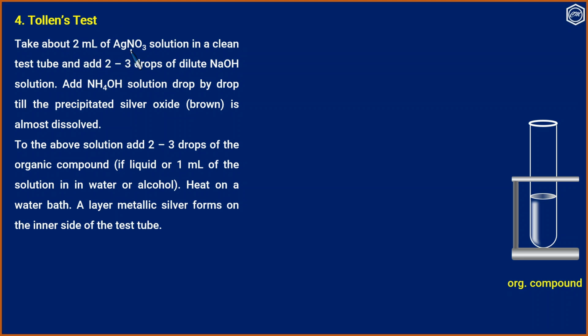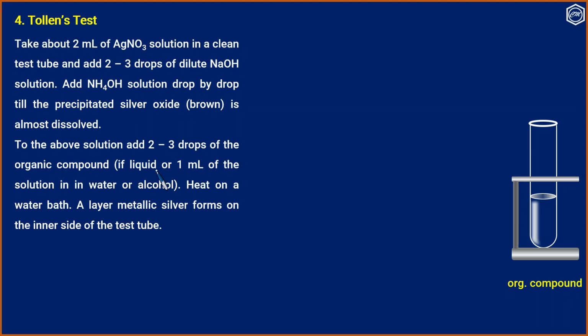Take about 2 ml of the silver nitrate solution in a clean test tube and add 2-3 drops of dilute sodium hydroxide solution. Add ammonium hydroxide solution drop by drop till the precipitated silver oxide, which is brown in color, is almost dissolved. To the above solution, add 2-3 drops of the organic compound.